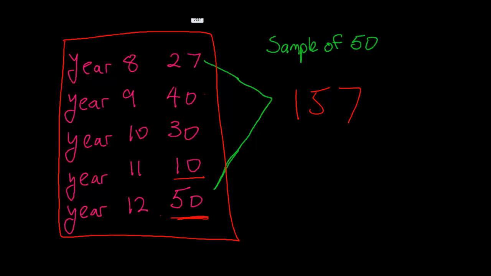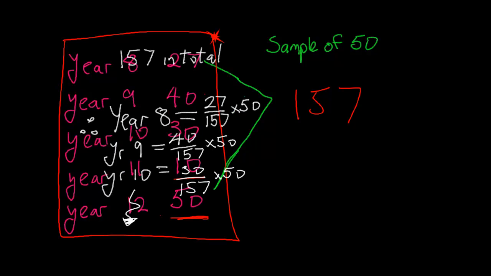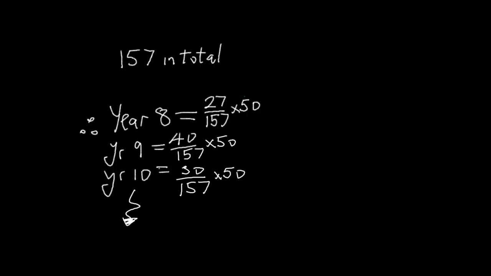So let's have a look at how we can do that. What you do is you grab your year 8 level. Our year 8 level is 27 kids, divided by 157, times by 50.